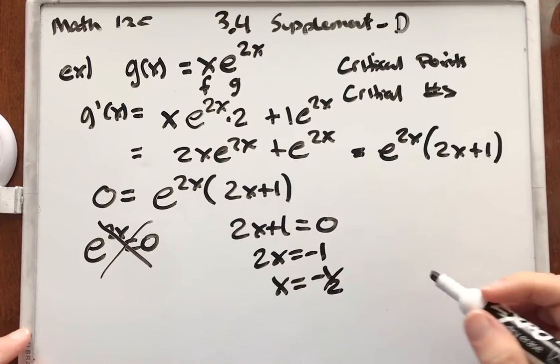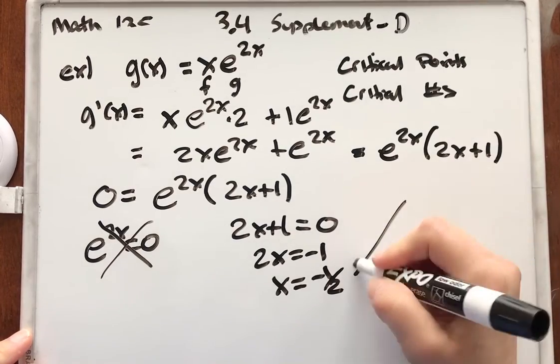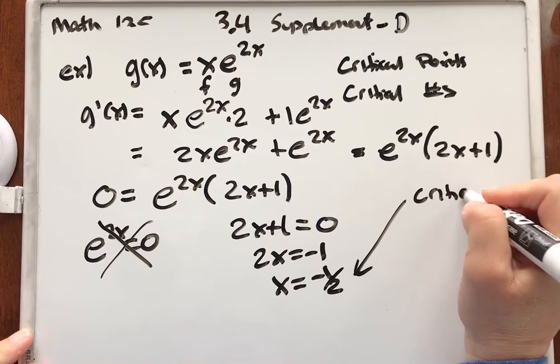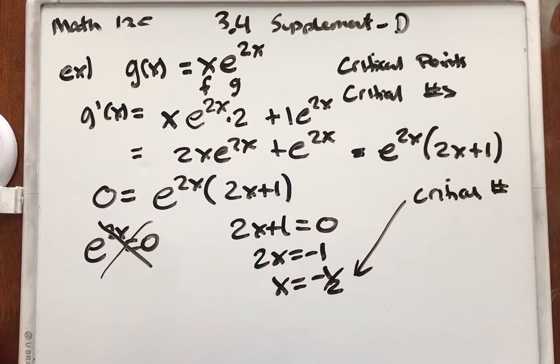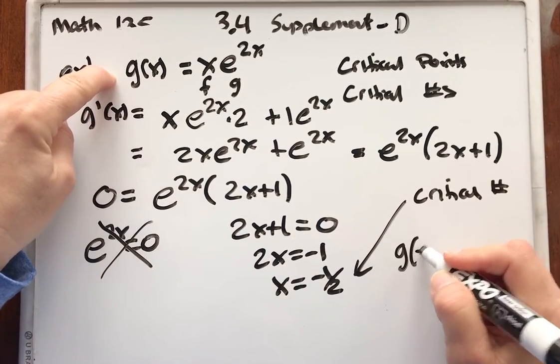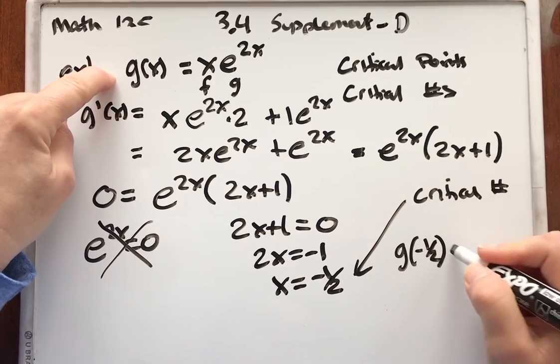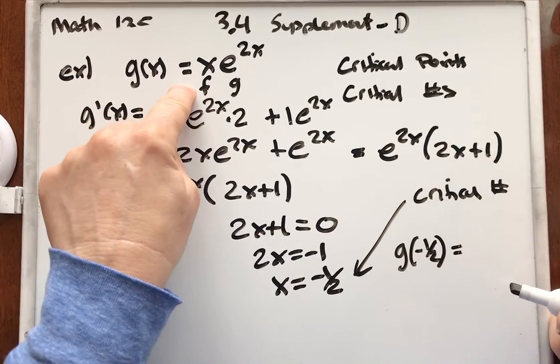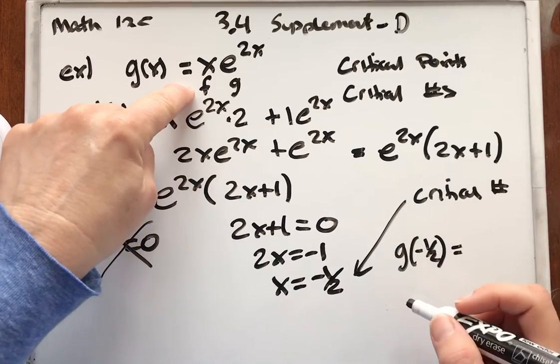Okay, so what do we find? This is our critical number. Now what are we going to do with this critical number? We want to find the critical point. So we go to our original function and we find g of negative 1/2. I'll go ahead and do it for you.